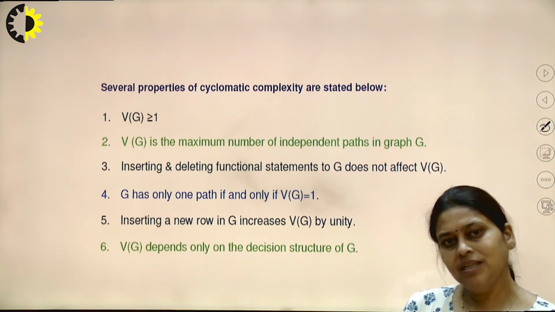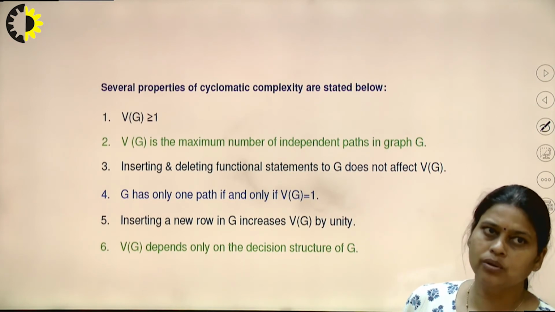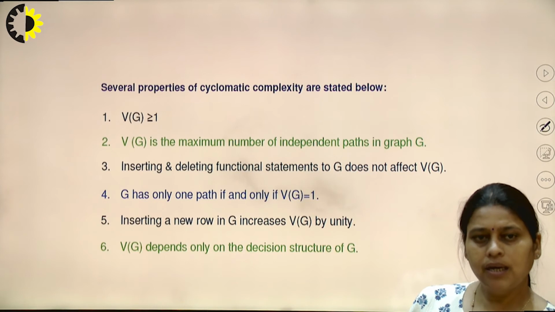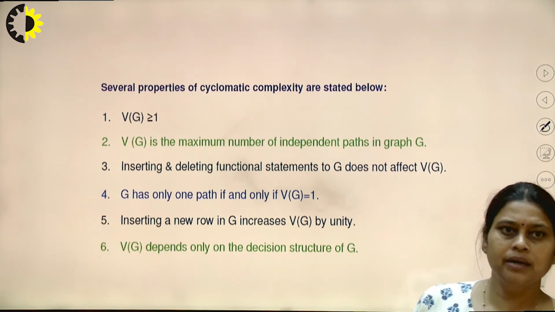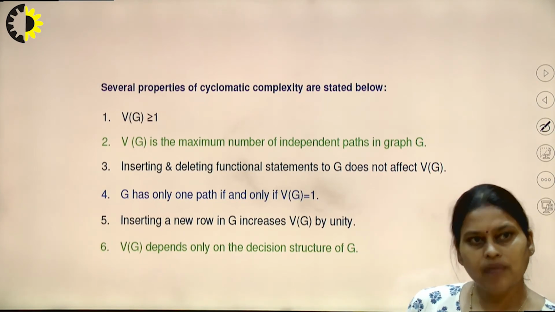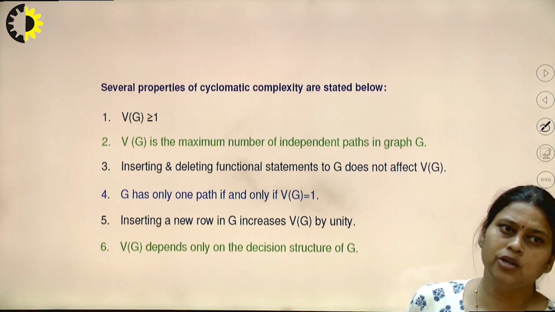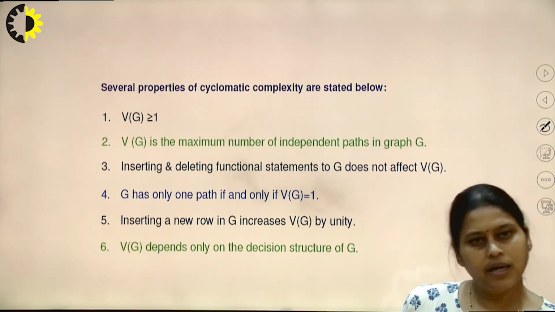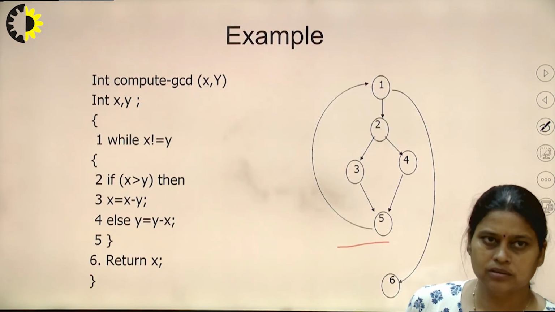So we calculate the total number of independent paths in the program. Inserting and deleting statements does not affect Vg. G has only one path if Vg is equal to 1, and if we insert a new edge in G, it increases by unity, and Vg depends only on the decision structure.